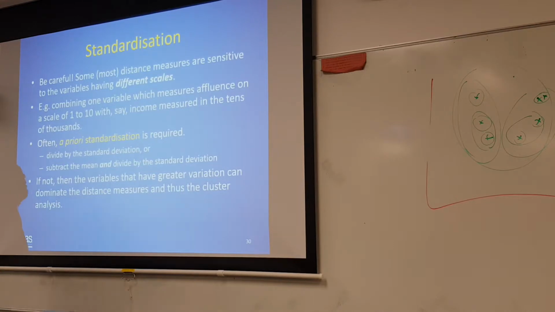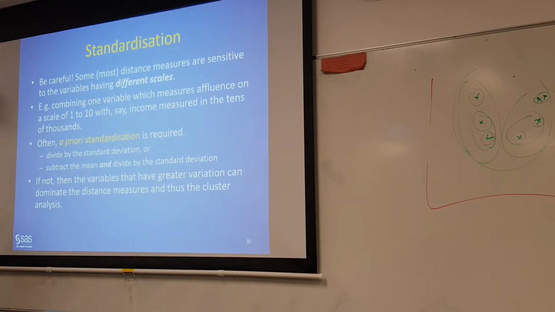So some distance measures are actually sensitive to variables having different scales. If you're a biologist, Bray-Curtis is a very common distance, and that one is sensitive to different scales. So combining one variable which measures affluence, sort of money, on a scale of 1 to 10, with, say, income measured in tens of thousands is problematic, and this is why we want to standardize the data typically.